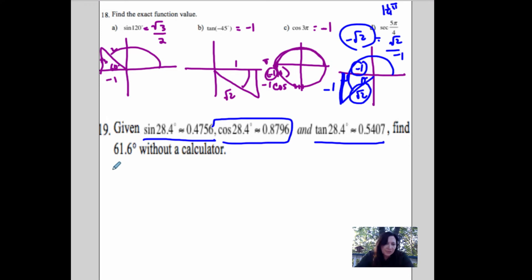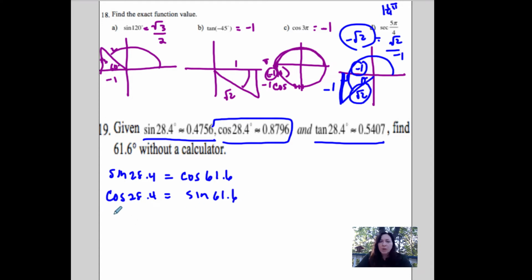To start off, we know that sine of 28.4 is equal to cosine of 61.6, and cosine of 28.4 is equal to sine of 61.6. We also know that tangent of 28.4 is equal to cotangent of 61.6.